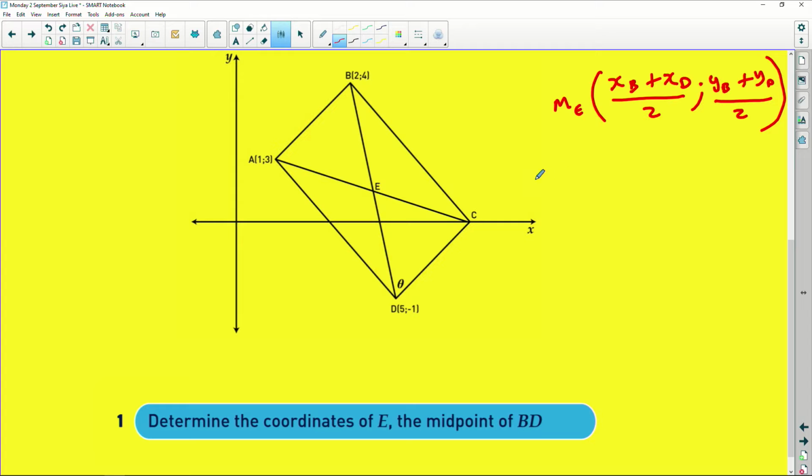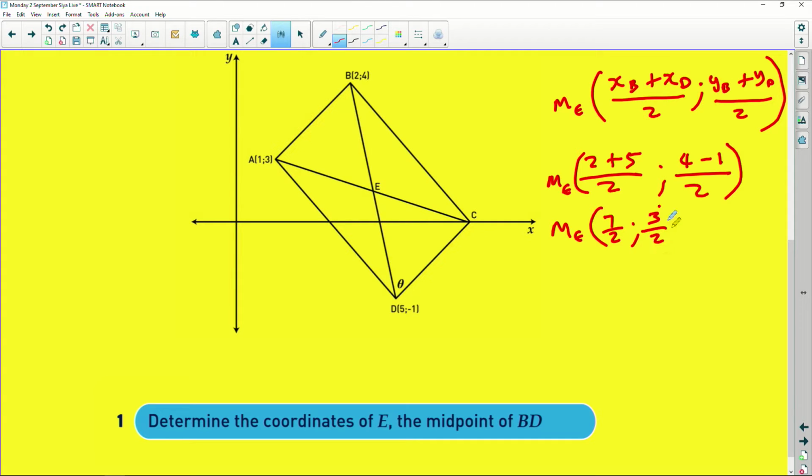Then x of B is 2 plus x of D is 5, divided by 2, and y of B is 4, and y of D is minus 1, divided by 2. Then M of E is 7 over 2 and 3 over 2. So that would be the midpoint, and I will just write it here: 7 over 2 and 3 over 2.